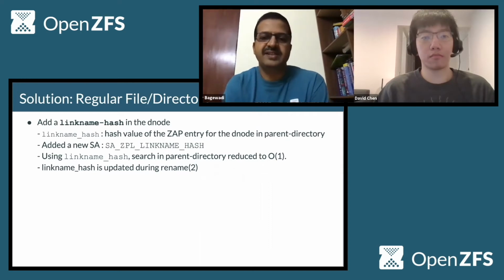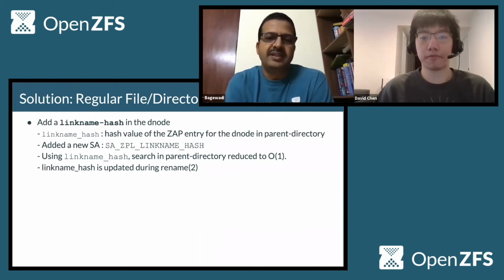The hash itself is 64-bit, so we could easily add it to the dnode. And we felt that the system attributes lend pretty neatly to this usage. So we added a new system attribute called the link name hash value in the dnode.